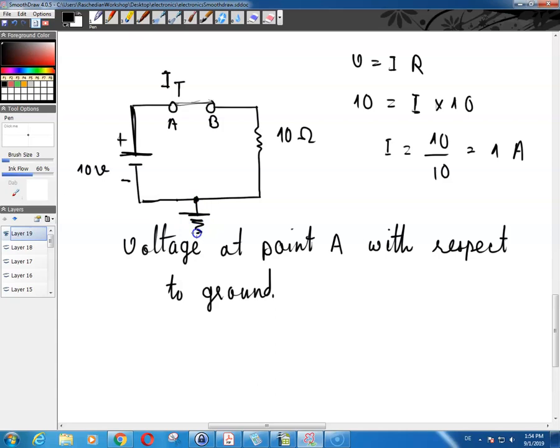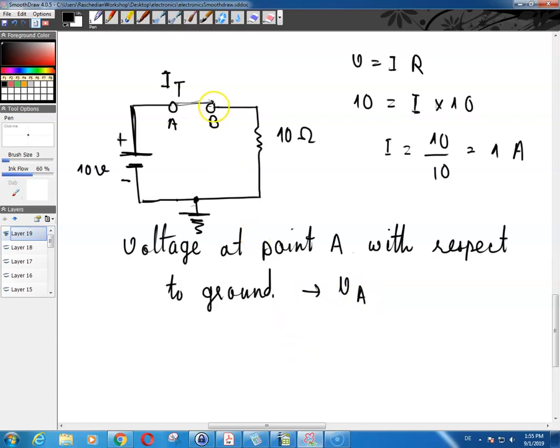The negative pole of the battery is usually the ground, or I would say all the time. Nobody makes positive the ground because there are a lot of problems with that. Now, with respect to ground, the voltage at point A would be the voltage between this point and the negative pole of the battery, because the ground is connected to the negative pole of the battery. That would be denoted by V of A.